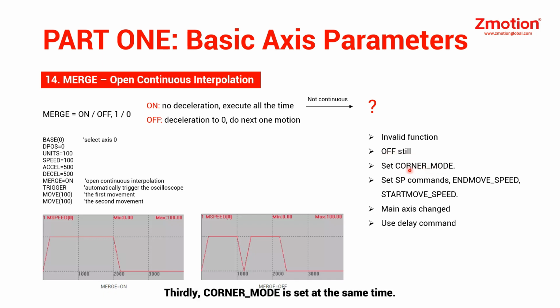Thirdly, whether corner mode is set at the same time. Fourthly, commands that are used with SP, and these two are set, because speed is also determined by them. Fifthly, whether the main axis changed in the process, that is, the main axis speed changed also. The last one, a delay command in the buffer is added. Even if it is set as 0, deceleration also appears.